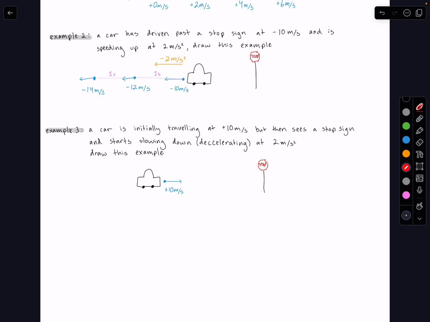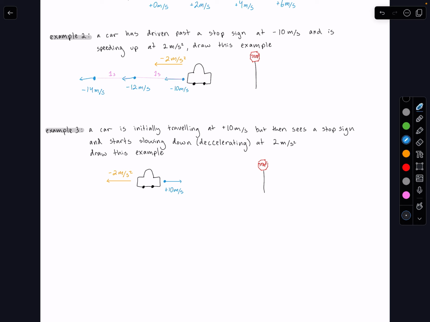Stop. There we go. And it realizes, okay, they want to be a good Samaritan, so they want to stop before they get to the stop sign. So they start decelerating. And if it's slowing down, this means the acceleration is going in the opposite direction of the velocity. So the acceleration is actually going this way. So it's negative 2 meters per second squared.